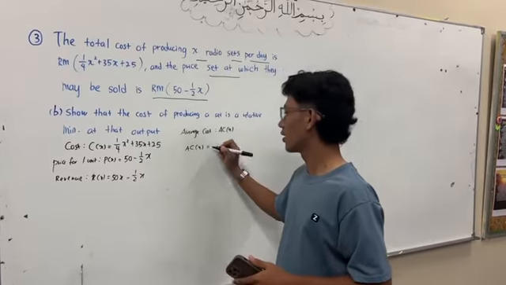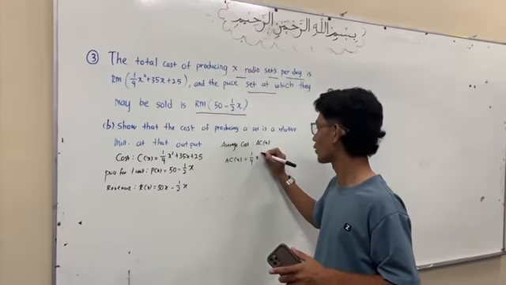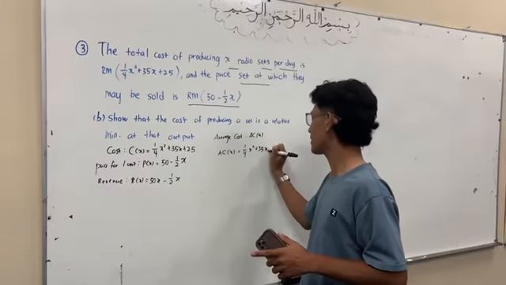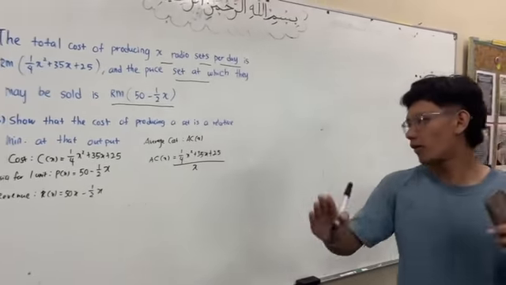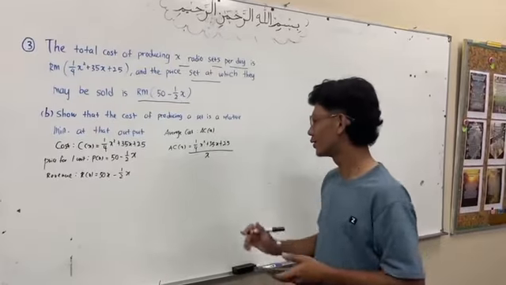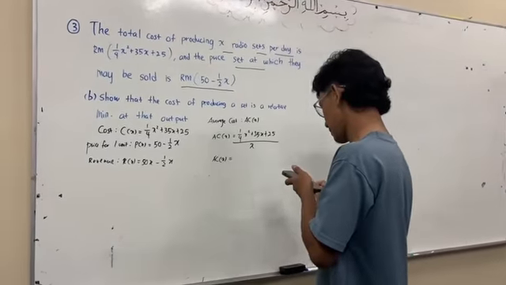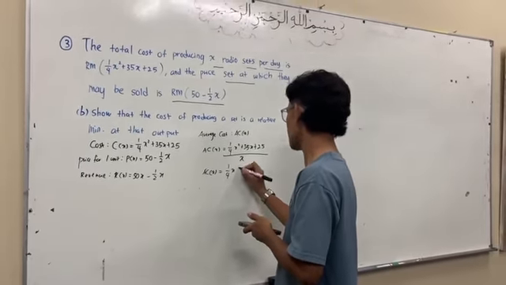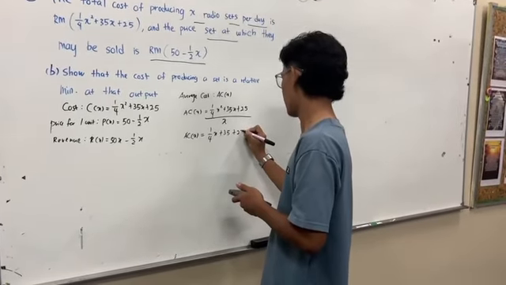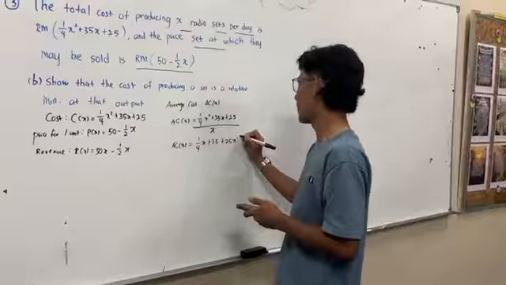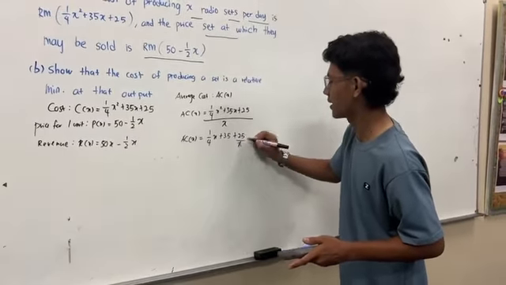ACx, we take the cost, 1/4 x squared plus 35x plus 25, over x. So we get this ACx is 1/4 x plus 35 plus 25x to the power of -1, or we can write as 25 over x, right?